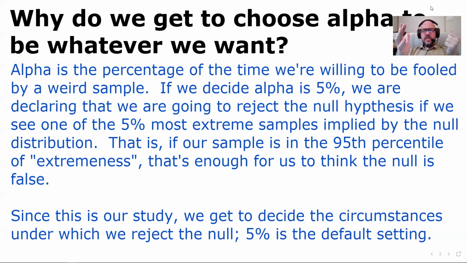So the thing you want to see is that alpha is sort of our decision about the circumstances under which we will reject the null hypothesis. So if we set alpha to be 5%, we're saying the most extreme 5% of samples are going to cause me to reject the null hypothesis, even if that's the wrong thing to do, right? Even if that's an error, that's still what we're going to do.